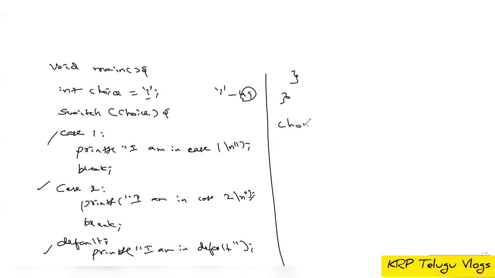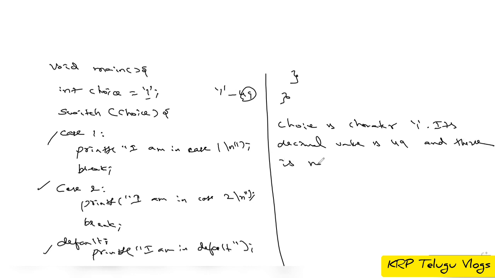Choice is character 1, its decimal value is 49, and there is no case 49, so it goes to default.